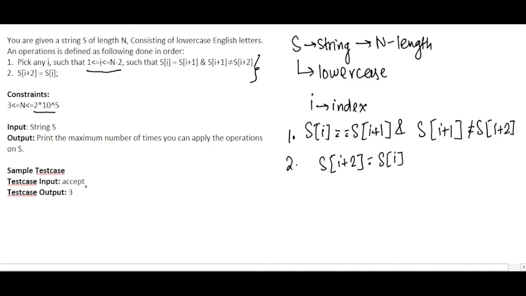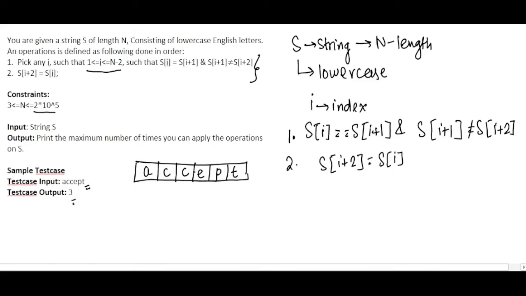For example, they have given a sample test case: the input is accept and the sample output is 3. Let me take the sample test case, which is a c c e p t.